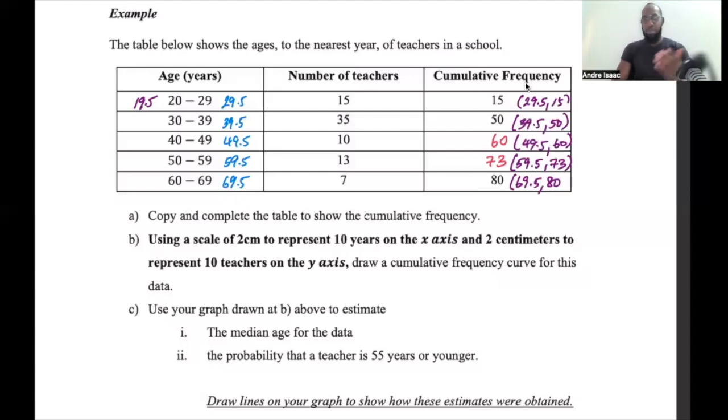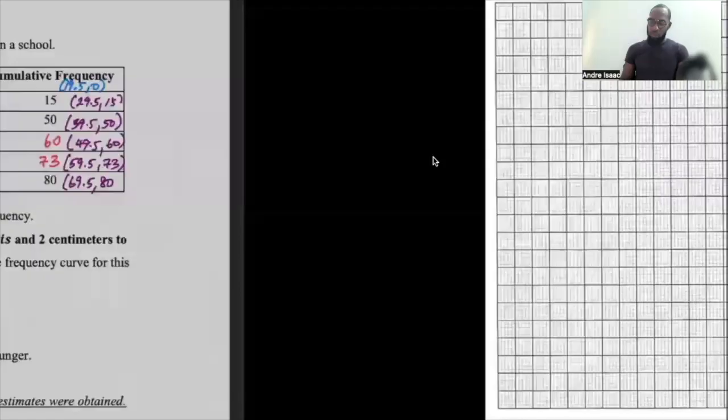And remember, we want to start at the x-axis to draw the cumulative frequency curve. So we're using 19.5, 0, right? Now note, there are no negative numbers, so when we are drawing our graph, we just use the border of the graph page. So we come here, using the border of the graph page.